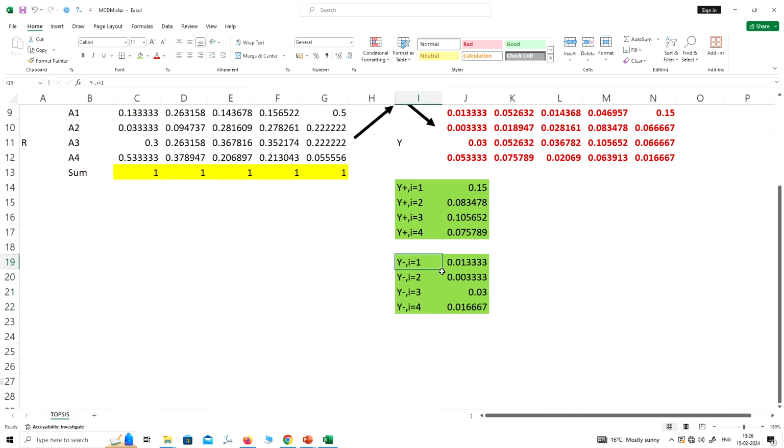So, these are the max and min values. Let me highlight: this is used for PIS and this will be used for NIS. Why PIS, why NIS? Let us go back to the Excel sheet.